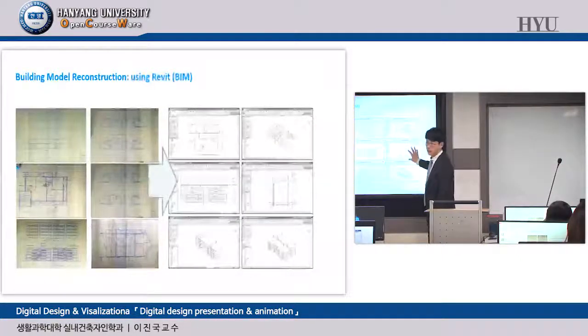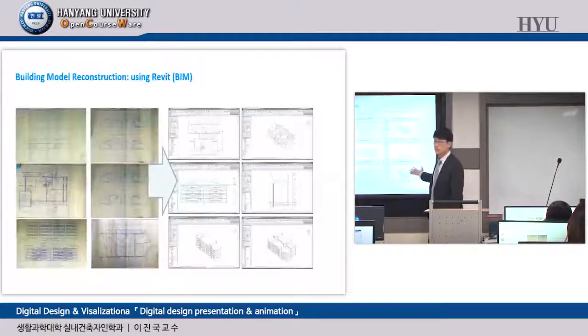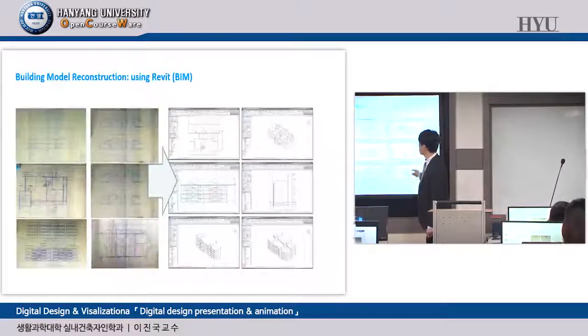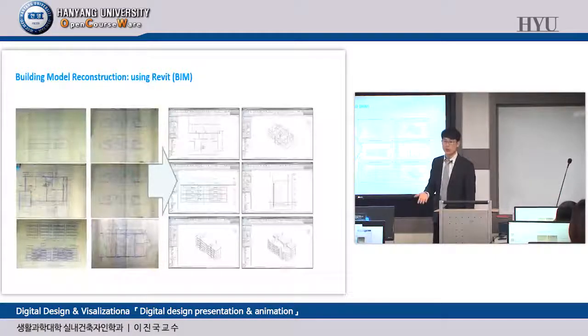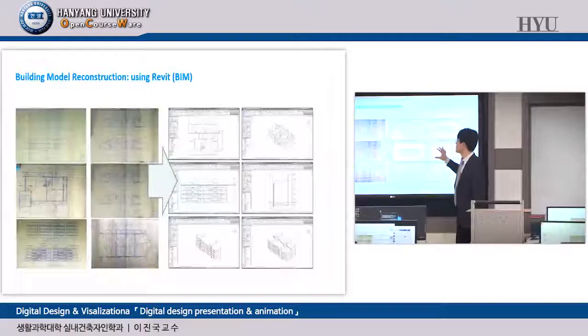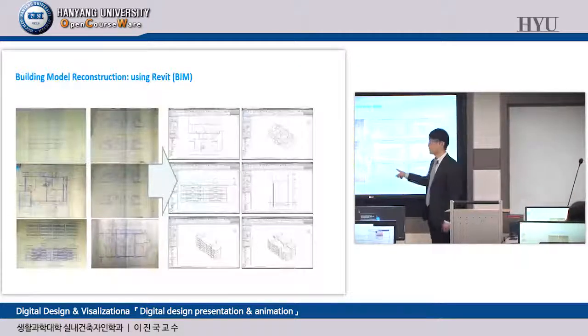This is the Revit interface, okay? Building information modeling tool interface. Representatively, we used the most popular one, Revit, okay? And this is the Revit, exactly what you need for today's lab exercise. So from blueprints to this 3D model, this is the existing building.